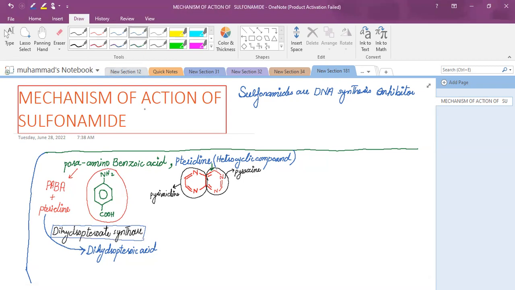After this step, this dihydropteroic acid is converted into dihydrofolate.